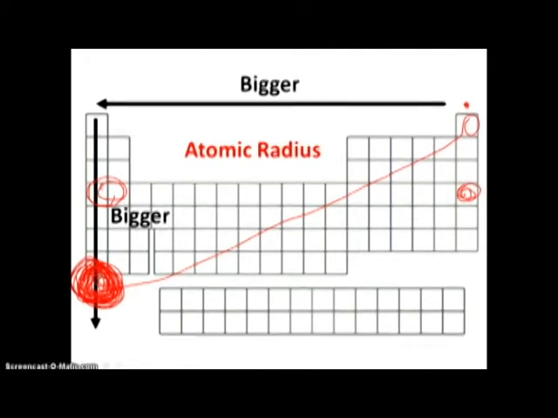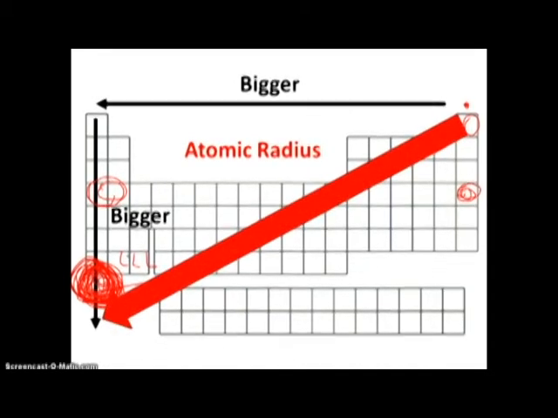So one thing you're going to be asked a lot is which atom is bigger or which atom is smaller. As long as you can follow this trend line, smallest up here, and then down here in the lower left, you have the largest atom, then you can remember how these atoms relate to each other in size. And there it is.